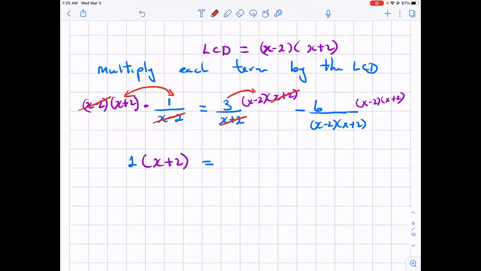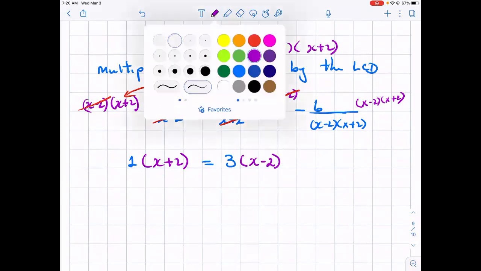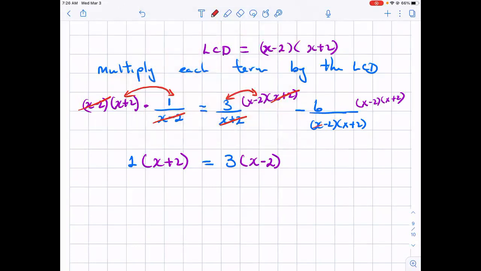So I'm left with 3 times x minus 2. And then in the last term, the x minus 2 cancels the x minus 2, the x plus 2 cancels the x plus 2. So all we're left with is minus 6.